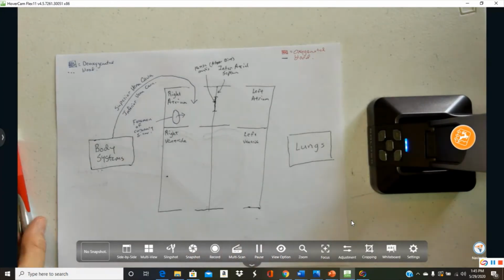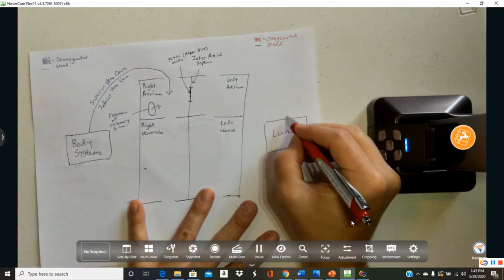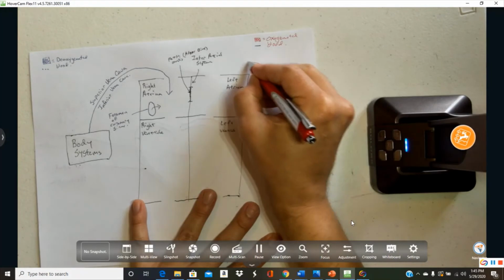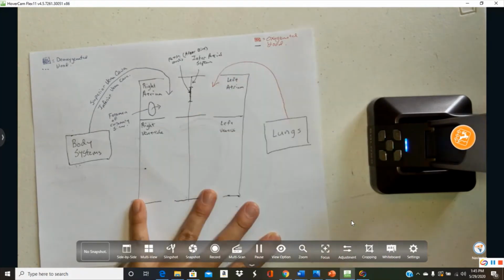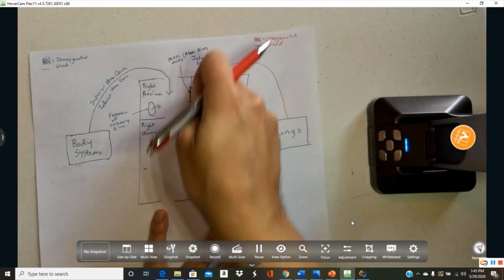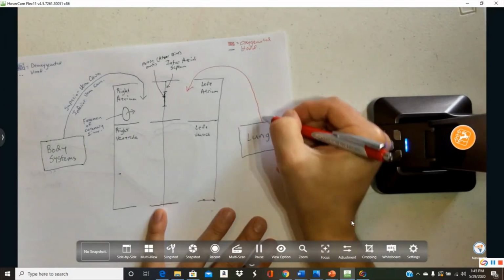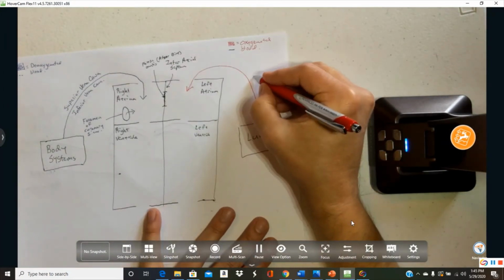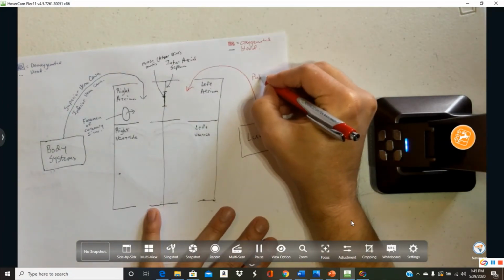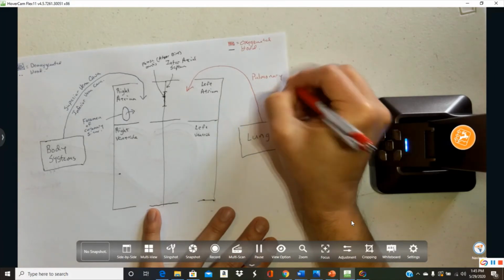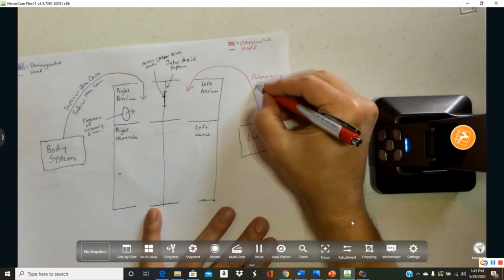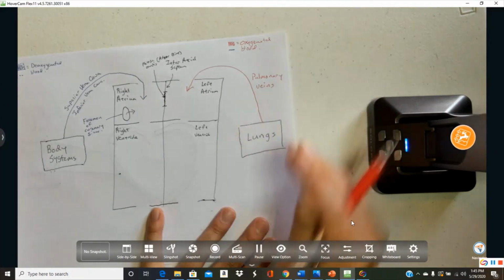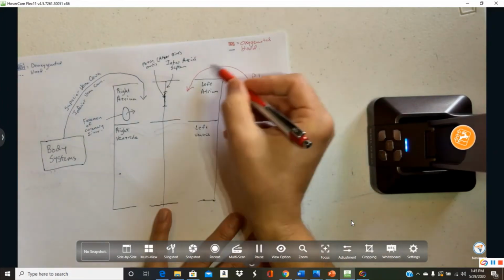Now, what we're going to now do is take the lungs and bring that oxygenated blood from the lungs to the heart. Now, this is coming to the heart from the lungs. So this is obviously pulmonary, but these are called pulmonary veins. Veins go to the heart.